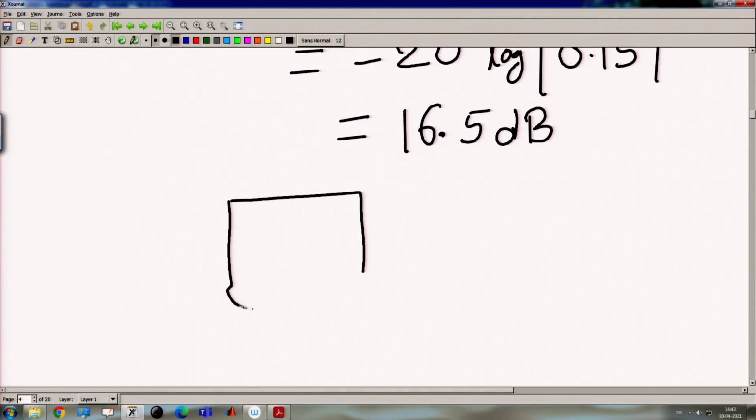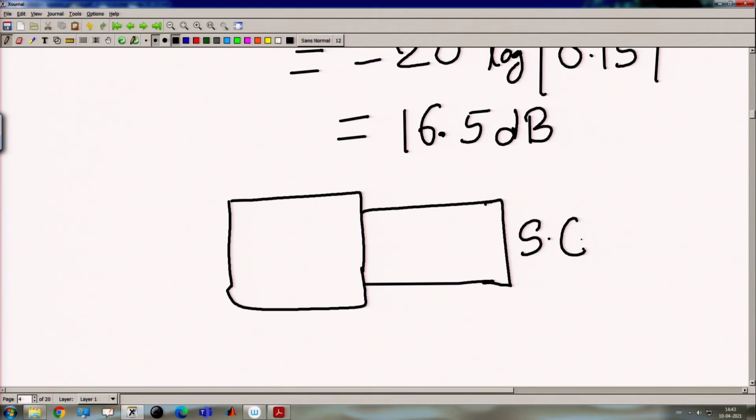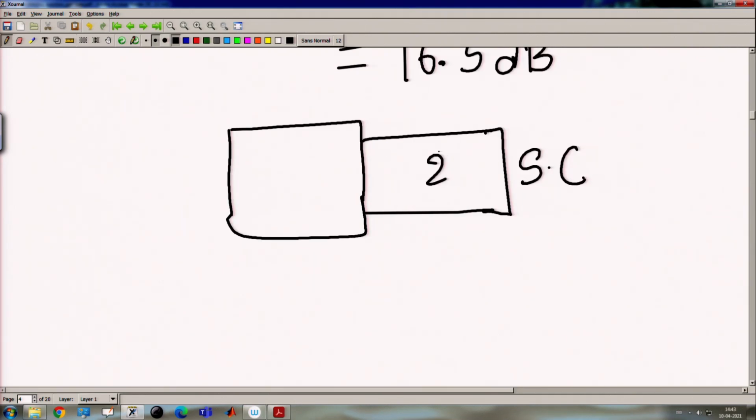Now, port 2 is terminated with short circuit. So, here we cannot write V2 plus equal to 0, because this is the short circuit.